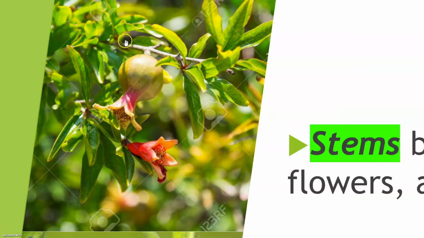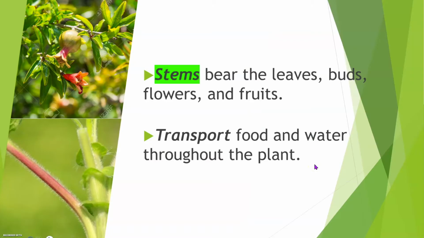It bears or carries the leaves, the buds that will become flowers, also the flowers and the fruits. They carry the other parts of a plant, and that is the stems.